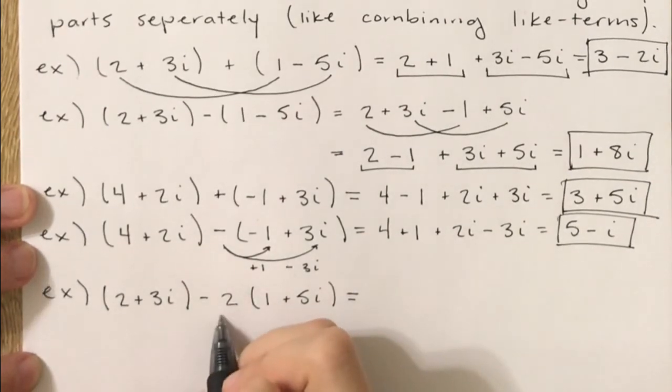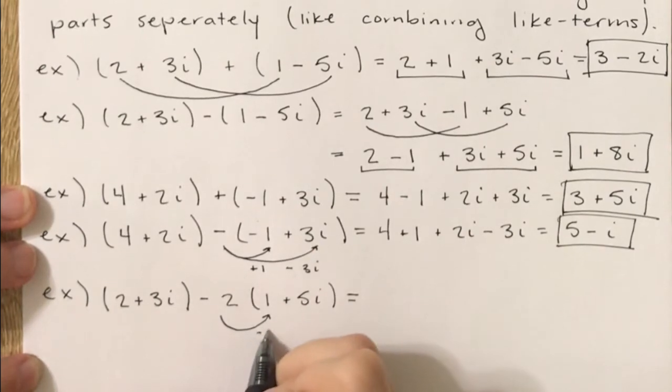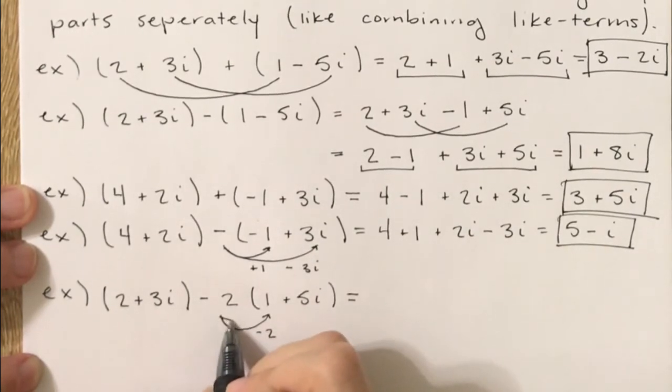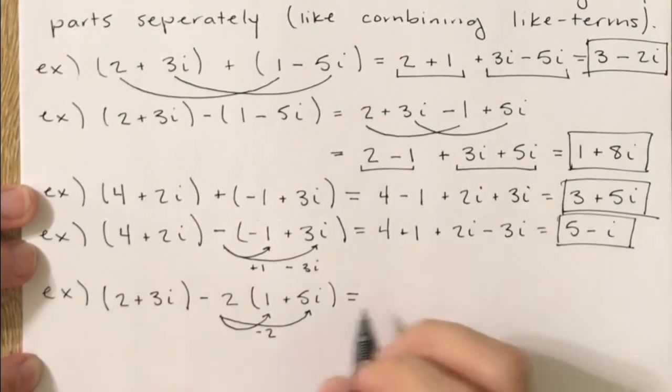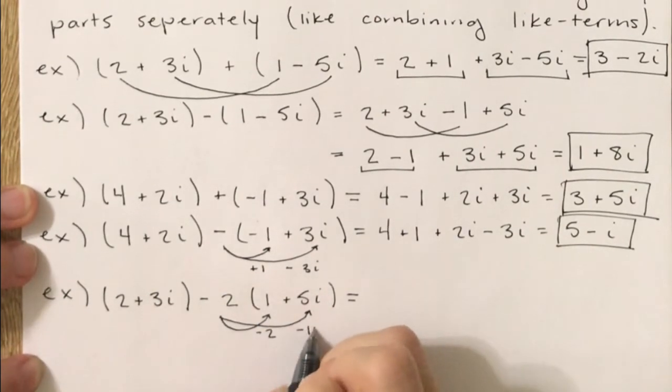When we distribute this negative 2 to the 1, we'll end up with negative 2, and when we distribute it to the 5i, we'll end up with negative 2 times 5i is negative 10i.